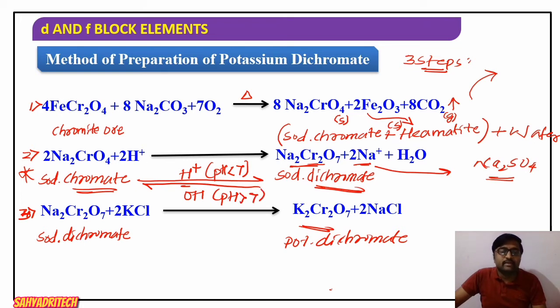If pH is below 7, chromate is converted into dichromate, and if pH is above 7, that is basic, dichromate is converted back to chromate ion. This is one of the important concepts, the interconversion of chromate and dichromate ions.